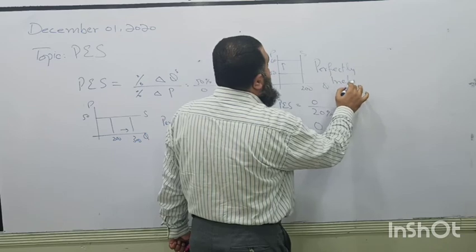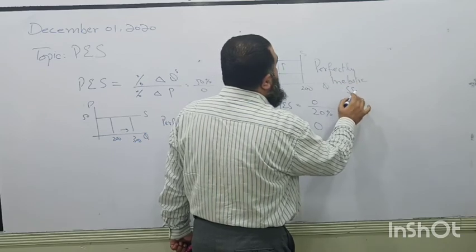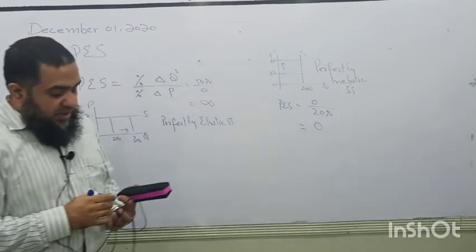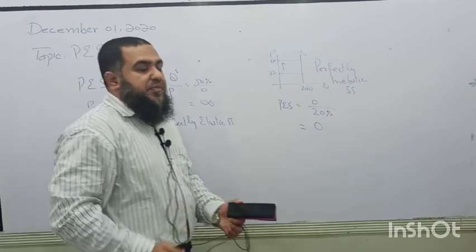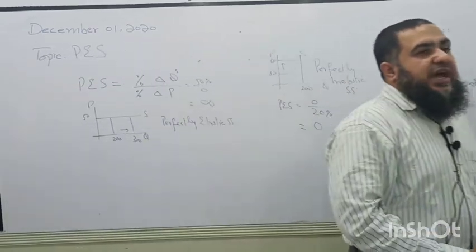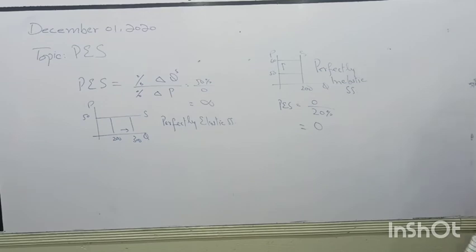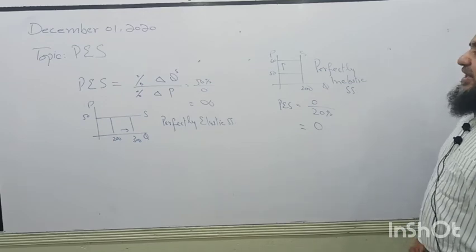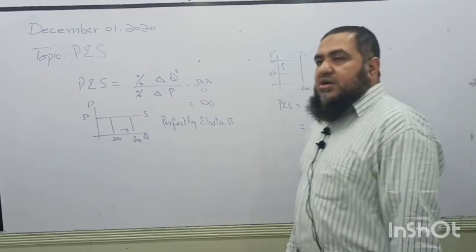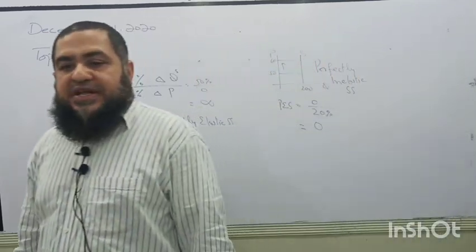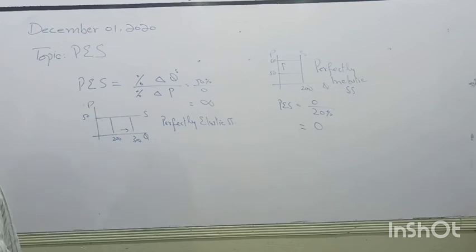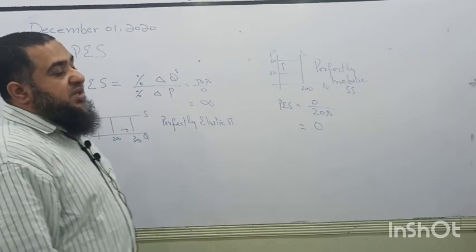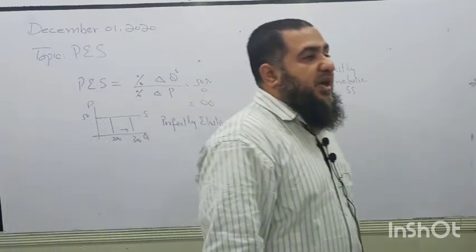Perfectly inelastic supply. Now keep it in mind, manufactured goods can have elastic supplies when the stocks are available, and if stocks are not there, they can have inelastic supplies. Or if the factors of production, raw material, are easily available, then its supply will be elastic. If a firm has the excess capacity to produce more, then we can say there is going to be elastic supply.